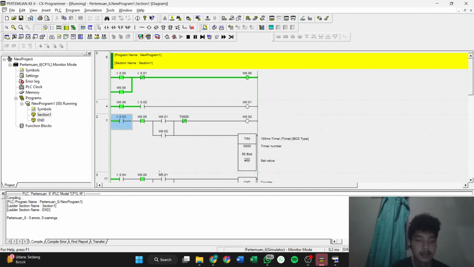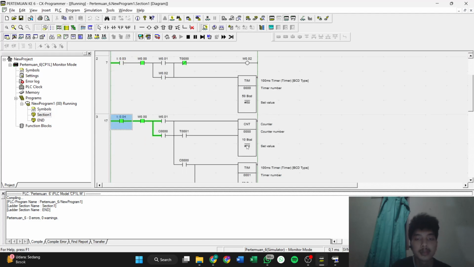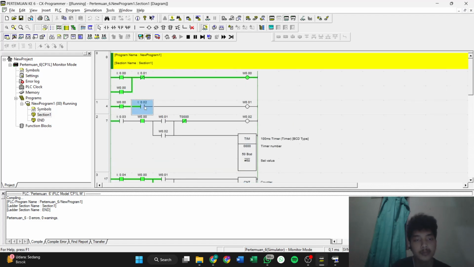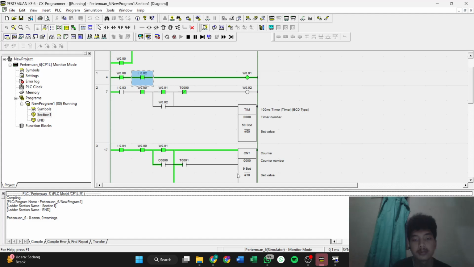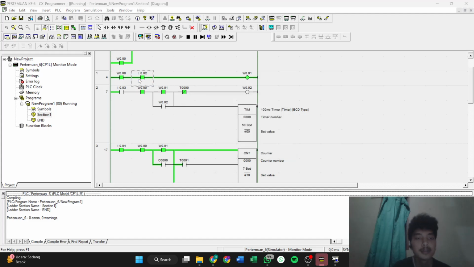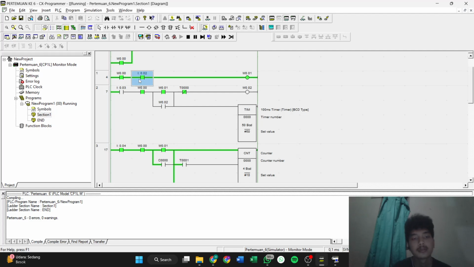Pin 0 is on, right, and the timer counts down: 9, 8, 7, 6, 5, 4, 3, 2, 1.